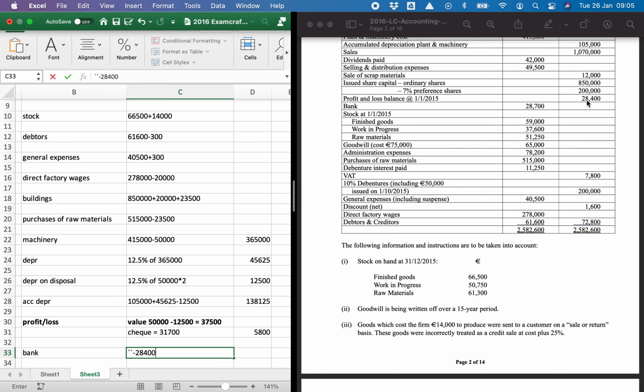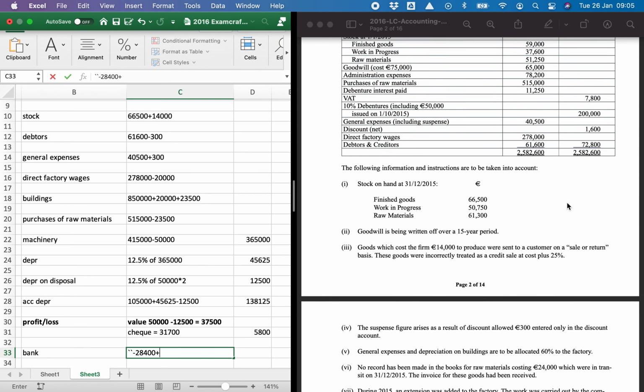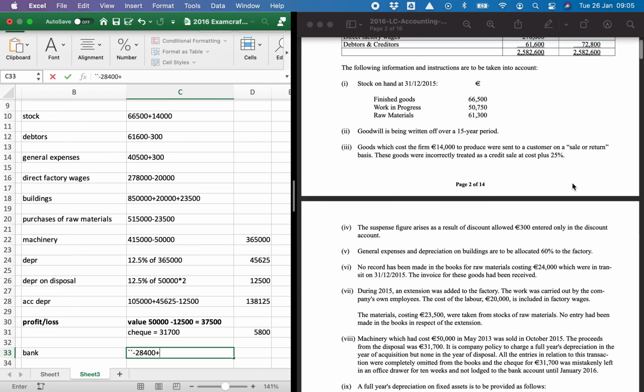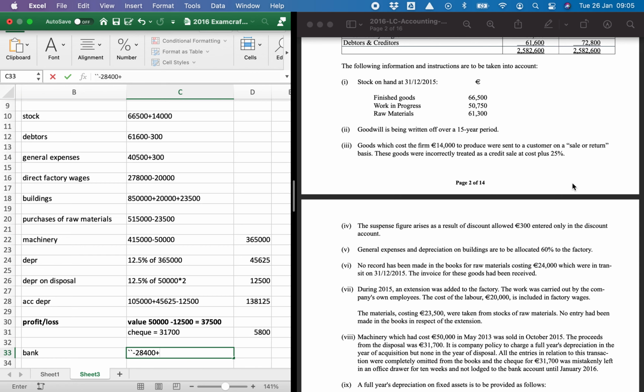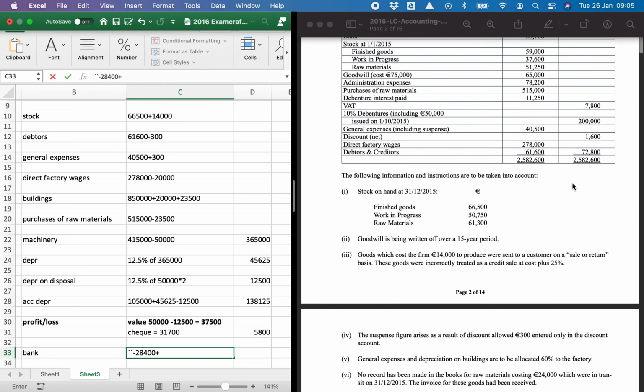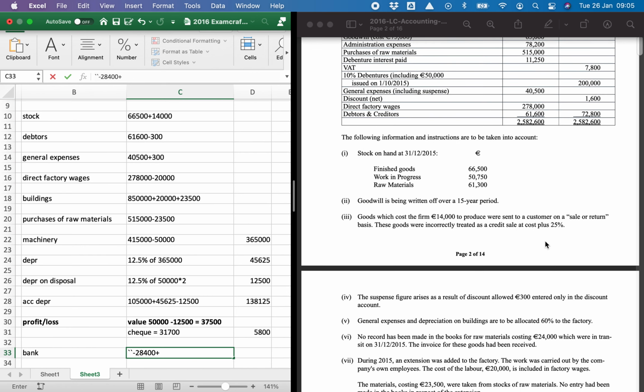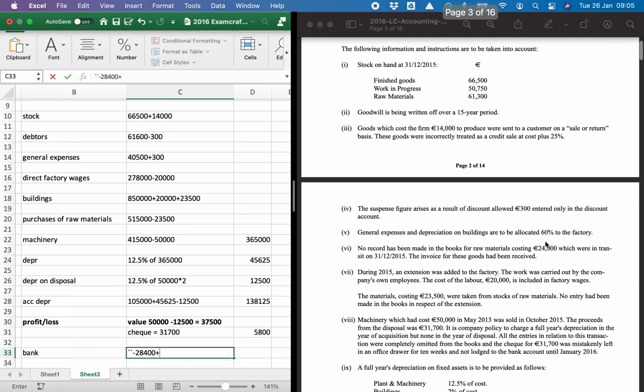And then we have to add a check of 31.7. Not lodged to the bank account.